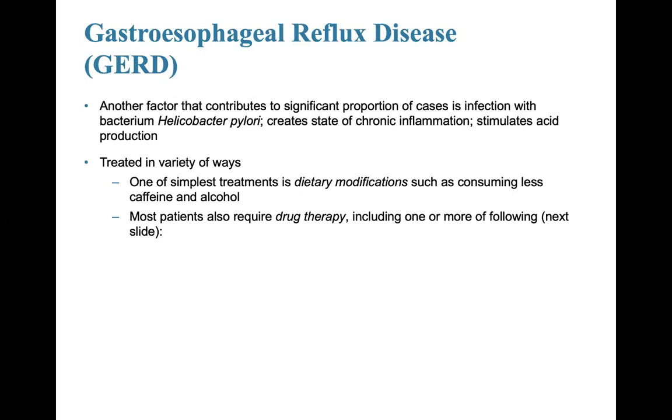This creates a state of chronic inflammation and stimulates acid production. One of the simplest treatments is dietary modification, such as consuming less caffeine and alcohol. Most patients also require drug therapy, which will include things like Prilosec or some other proton pump inhibitor to reduce the acid production.